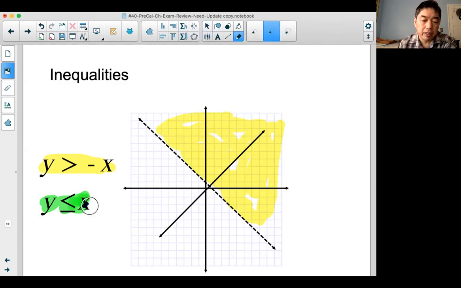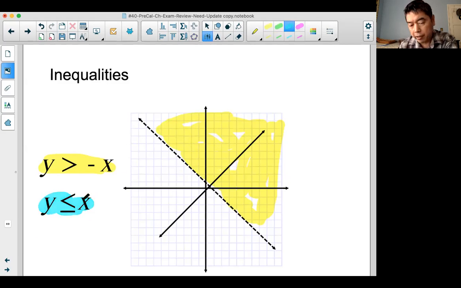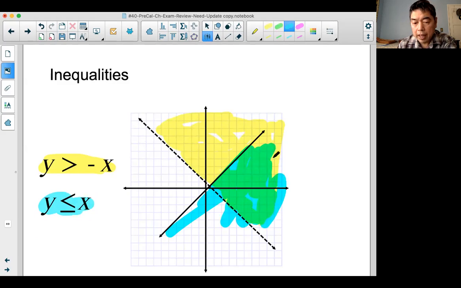So blue plus yellow makes green. This is less than this location. Now, you see the green section? That is the location of this question.